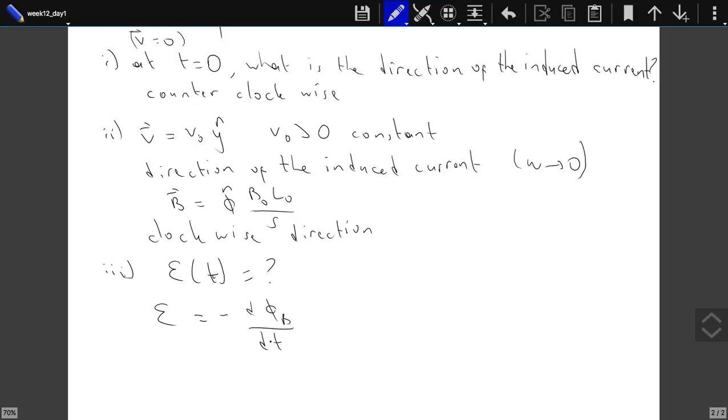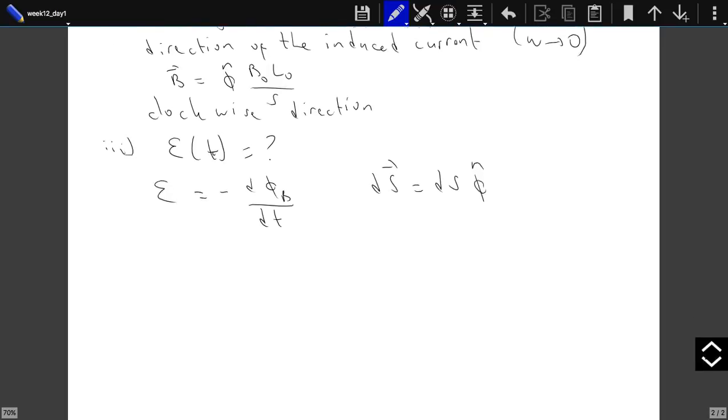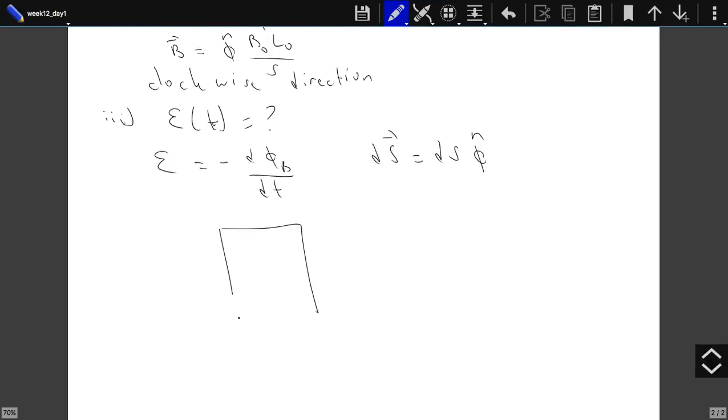So we have to calculate the flux first. ds we had chosen, we can still use it, ds in the phi hat direction. So this is our rectangle. B is not a constant, so we have to integrate B dot ds.